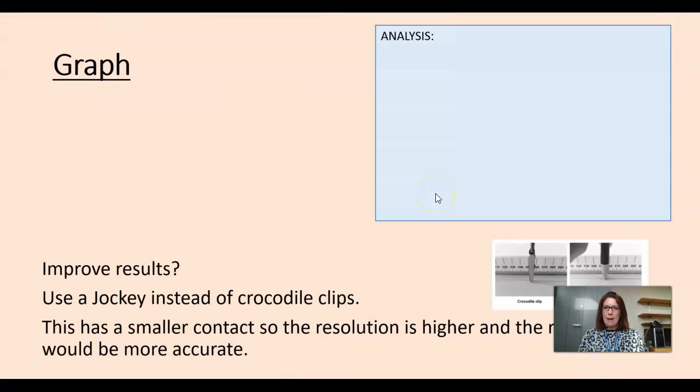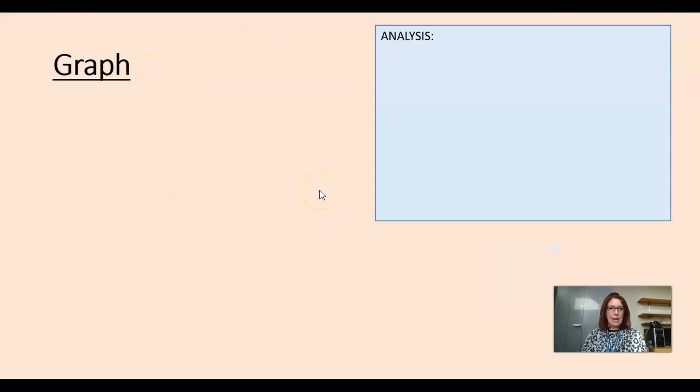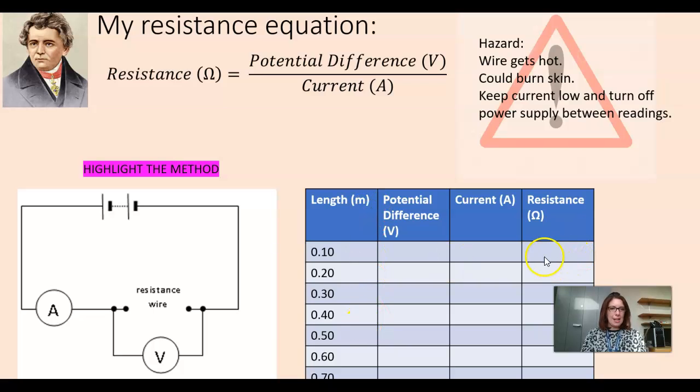And what we found out from the graph was, I haven't drawn this on here, but if you draw a graph of length against resistance, the resistance gets higher the longer the wire. And from the home learning from the previous lesson, you should know that the longer the length of wire, the more fixed ions are in the way of the current flow. So if you increase the length of the wire, there are more fixed ions.